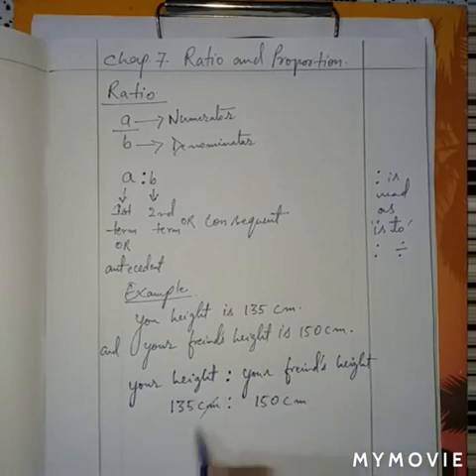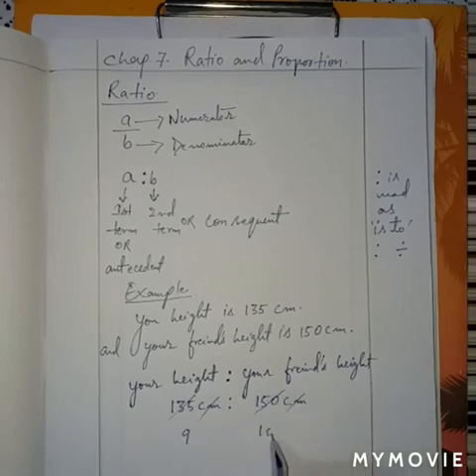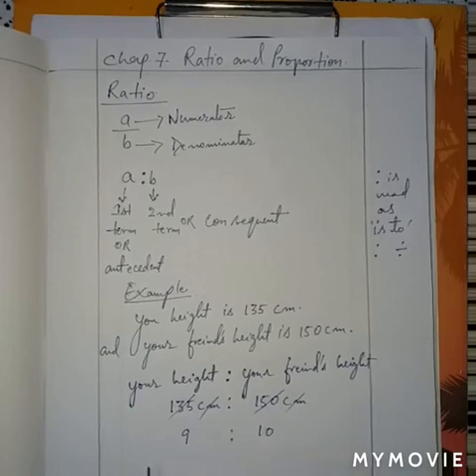Now this centimeter will get cancelled and this also will get cancelled. So this is 15 nines, this is 15 tens. So 9 is to 10 is the answer. 9 is to 10 is the ratio of your height and your friend's height.